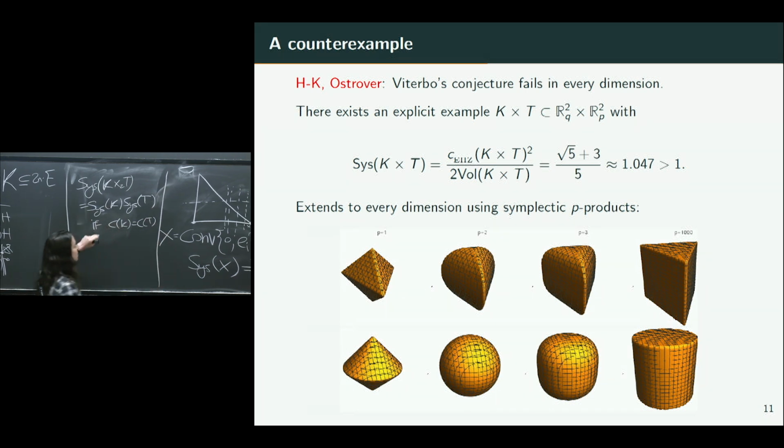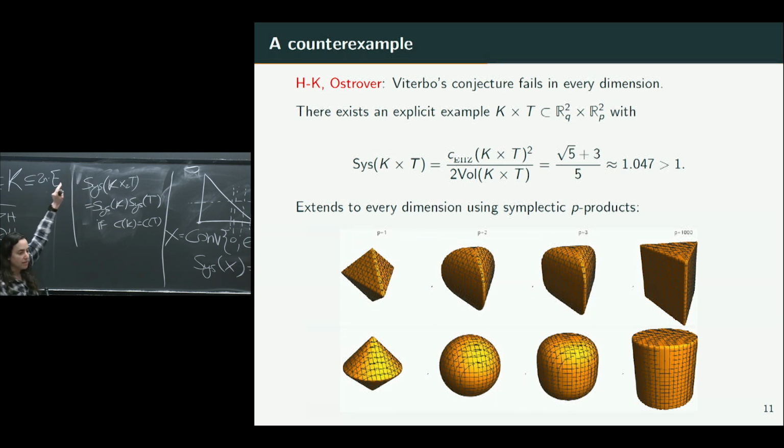But this may be unsatisfactory because we had the nice product here, and this would ruin the structure if K and T are products. So it turns out that I can do something a bit better. I can take the systolic ratio of K1 times K2 times the Lagrangian product of T1 times T2.